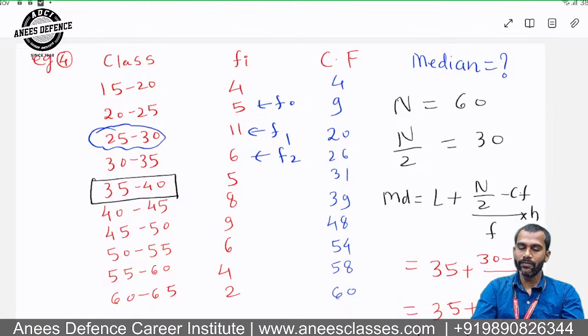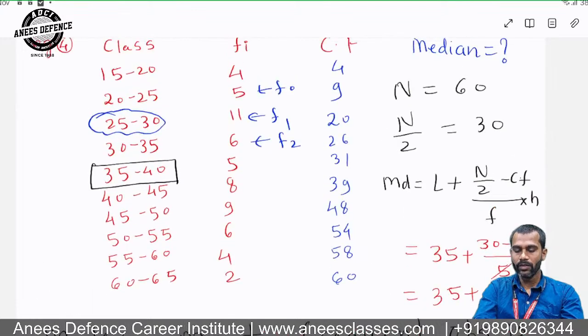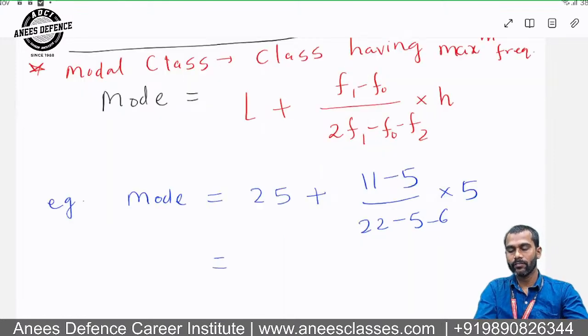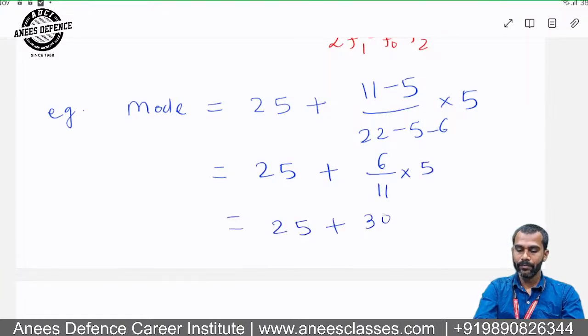So 11 minus 5 divided by 22 minus 5 minus F2 is 6 into 5. Yes or no? So answer would be 25 plus 11 minus 5 is 6 divided by 11 into 5. That is 25 plus 30 by 11.